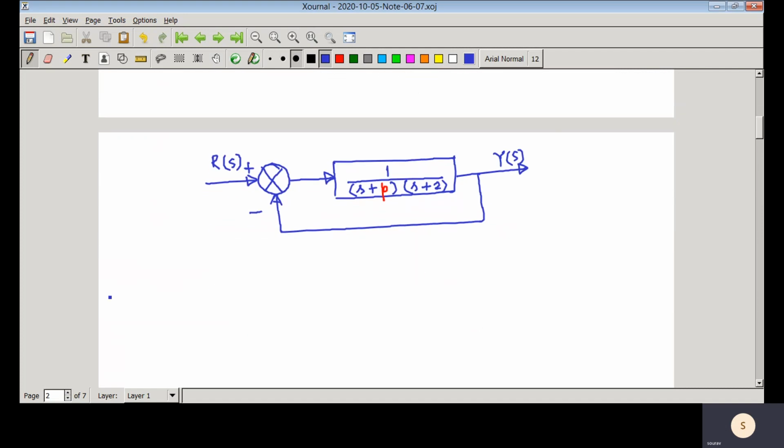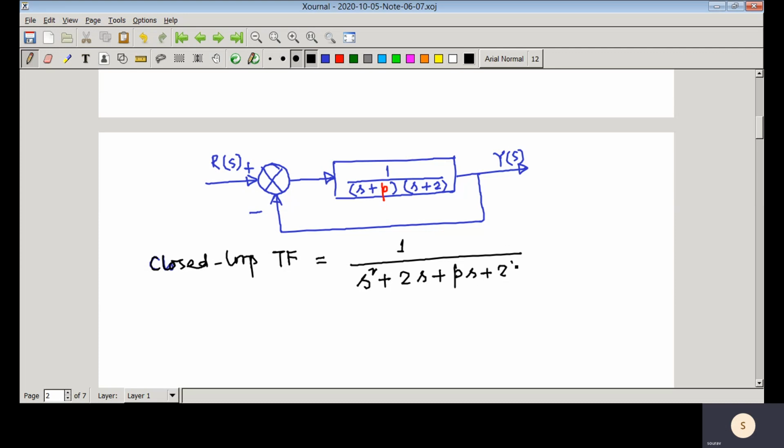How? Let us find the closed loop transfer function. The characteristic equation is 1 plus G(s), that is s square plus 2s plus p into s plus 2p plus 1.